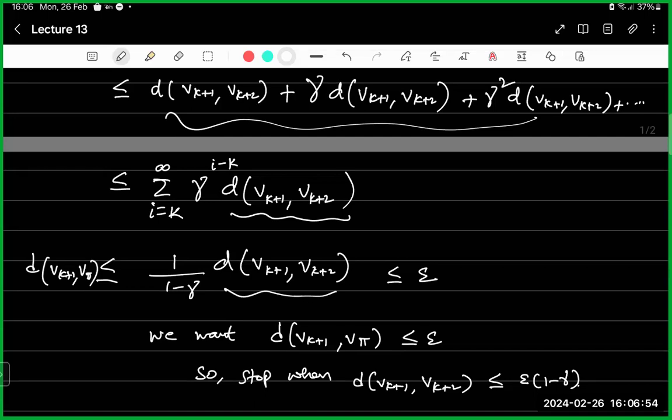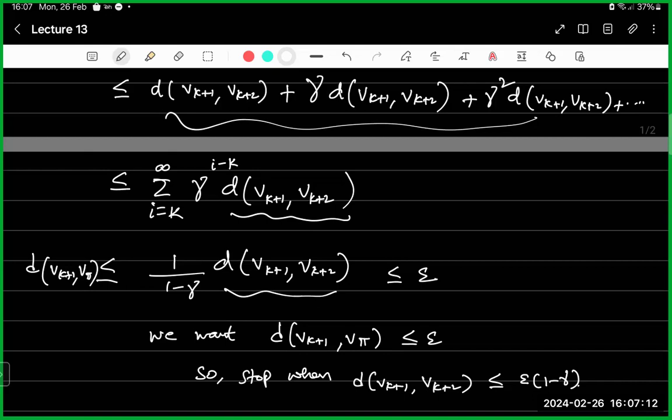Okay. Any doubts in this proof? No, this is a sufficient condition. This is not a necessary condition.